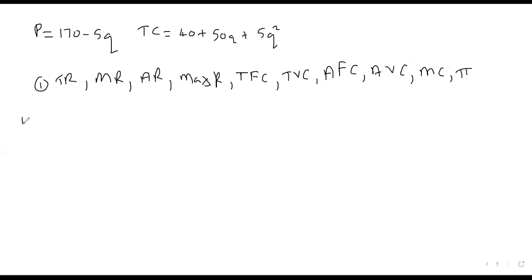So who remembers the total revenue? How do you find total revenue? Price times quantity. So what's our price? 170 minus what? 5Q. The quantity we are not given, we input it. So Q there.